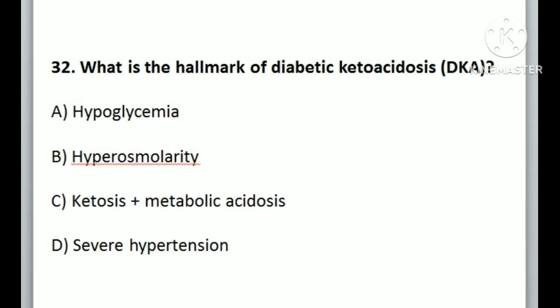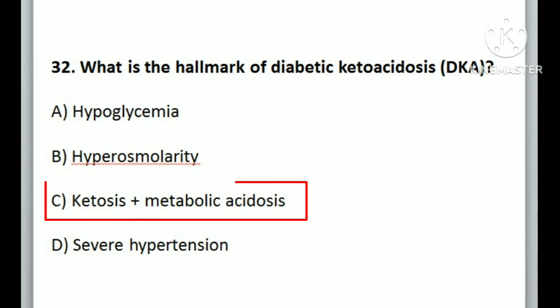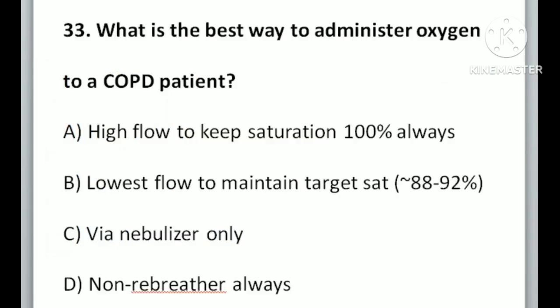32. What is the hallmark of diabetic ketoacidosis? Correct option is C. Ketosis plus metabolic acidosis. 33. What is the best way to administer oxygen to a COPD patient?